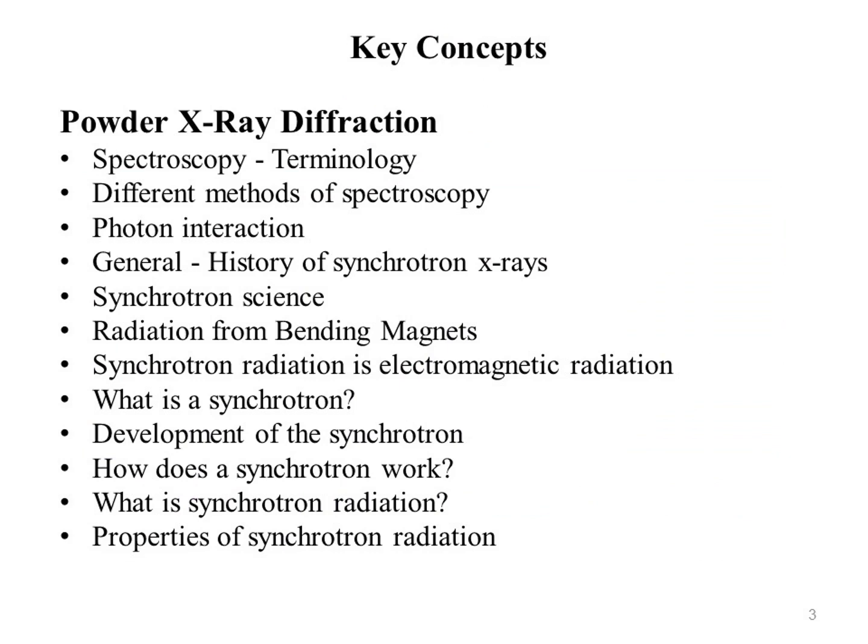Dear student, the key concepts of our today's lecture are spectroscopy, and in spectroscopy we discuss different terminology, then different methods of spectroscopy, photon interaction, history of synchrotron X-rays, synchrotron science, radiation from bending magnets.